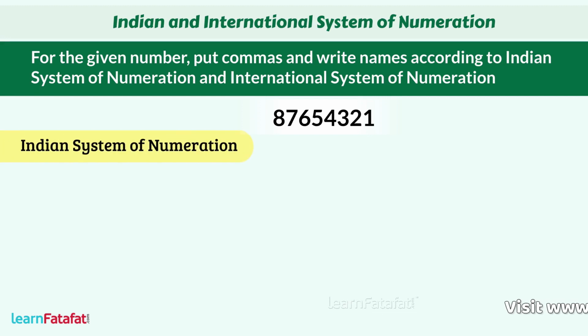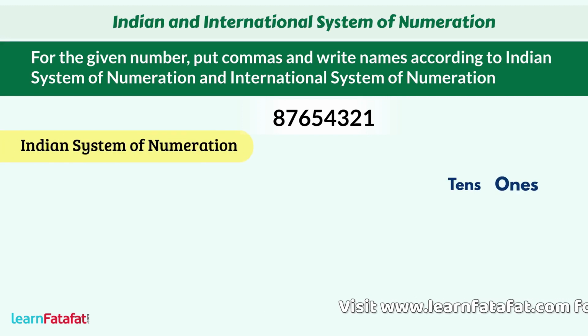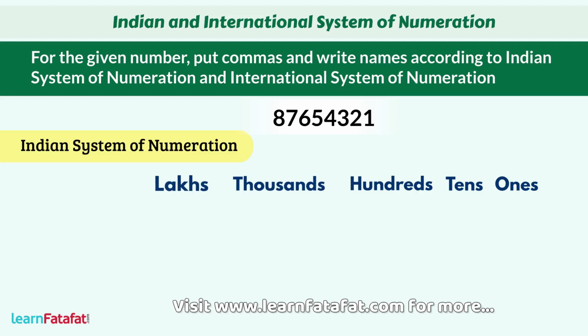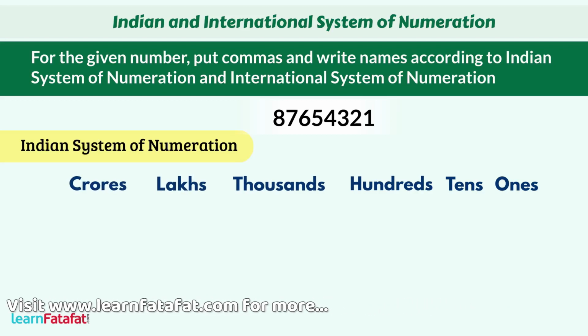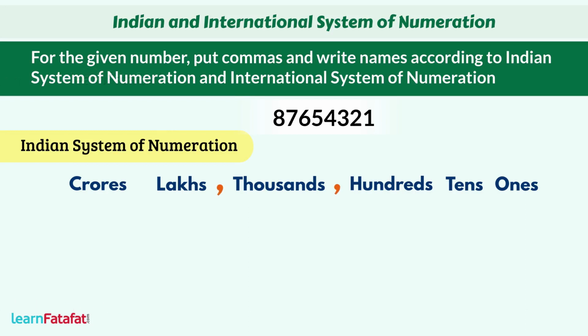The Indian System of Numeration uses ones, tens, hundreds, thousands, lakhs and crores. In this system, commas are used to mark thousands, lakhs and crores. So, put the first comma after the hundreds place, that is, after 3 digits from the right, to mark thousands.